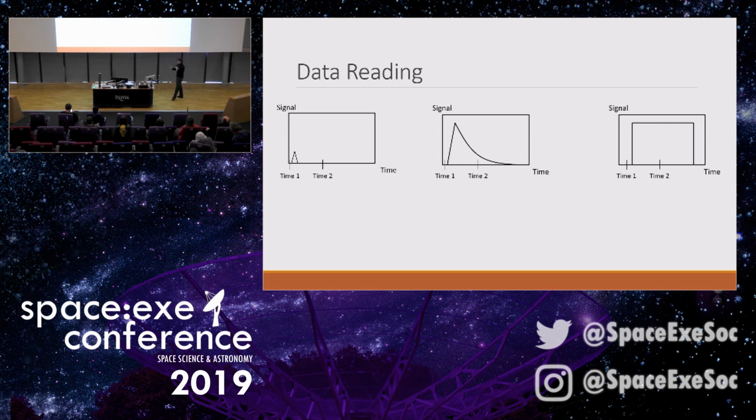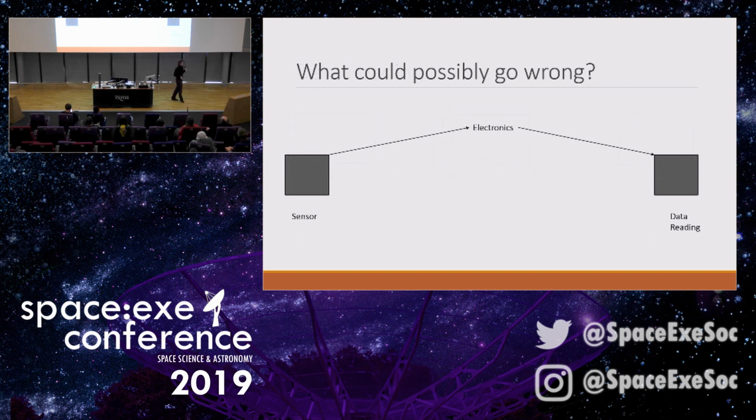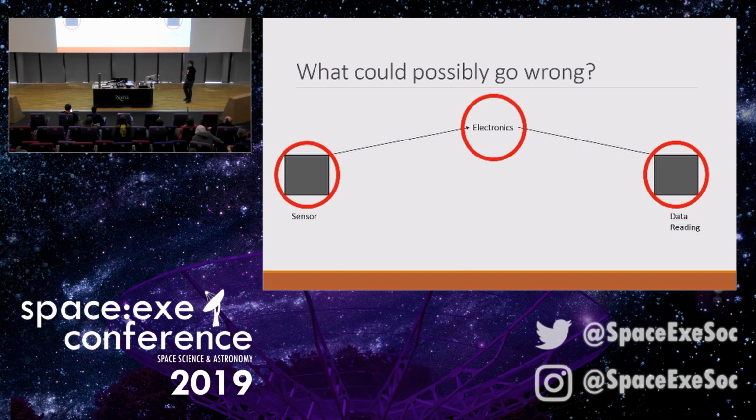So now we've covered the 3 bases. We know what we need to do, and we can build this, right? What could possibly go wrong? Well, I'll tell you from my work over the summer that there are 3 major areas for errors in this project: the sensor, the electronics, and the data reading, as well as some smaller areas which include all of the connections between those points.